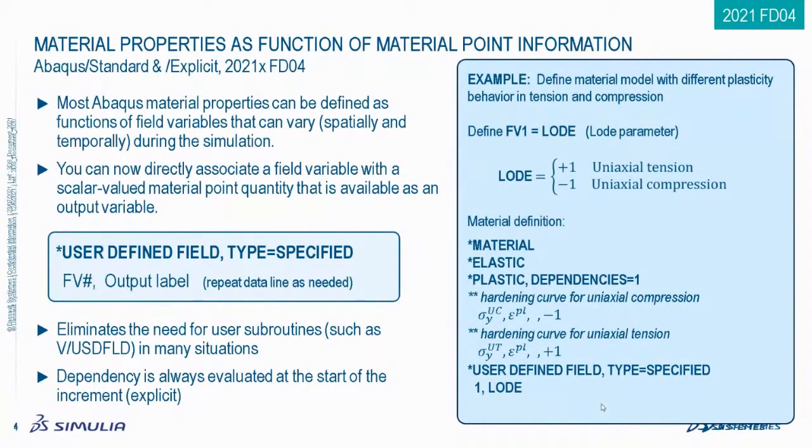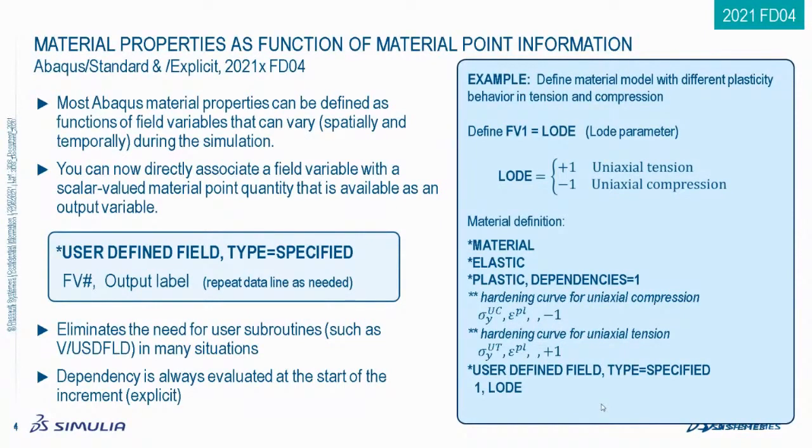What we've done here is extend that field variable capability to allow properties to now depend on solution variables, in particular scalar valued material point quantities that are available for output. This type of functionality was previously available only through subroutines such as USDFLD and explicit equivalent. Now it can be done completely through the keyword interface.